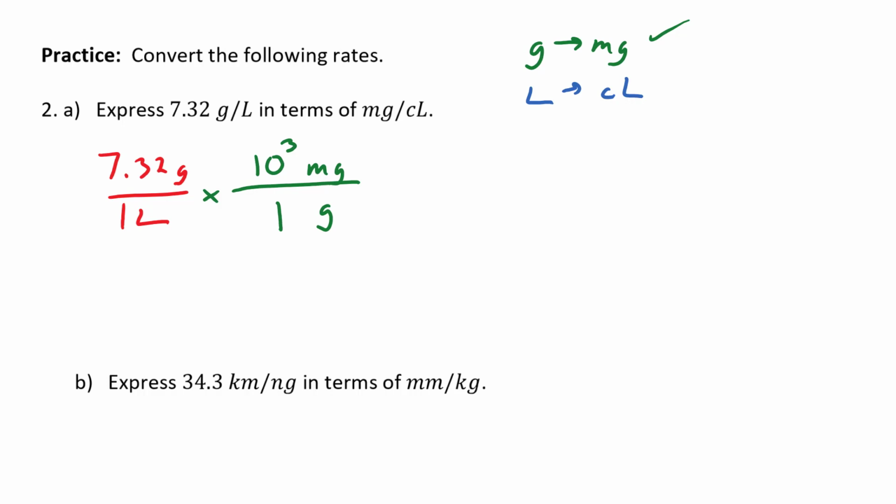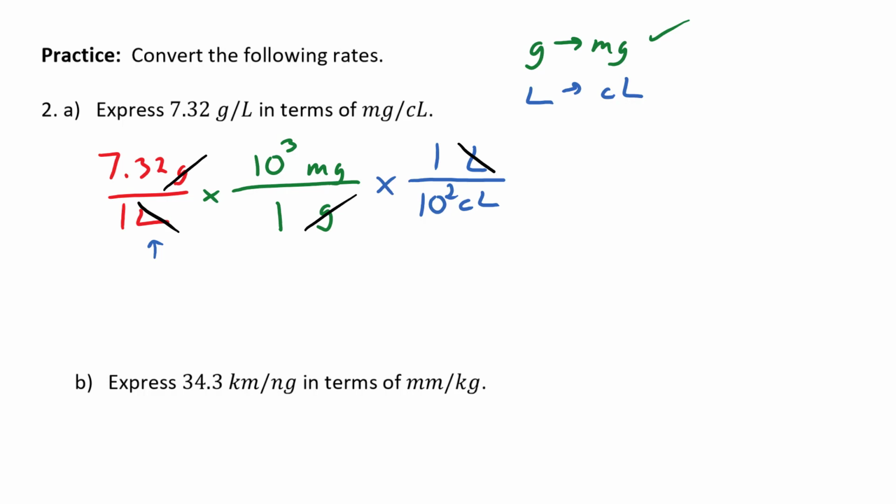Next up, we want to go from liters to centiliters. Conversion factor. Now notice, liters is on the bottom, so I have to put liters on the top so they cancel each other out. Centiliters goes on the bottom. Liters is bigger. There's going to be a whole lot of centiliters in 1 liter. Centi is 10 to the negative 2, so there's going to be 100, 10 to the 2 centiliters in 1 liter. Cancel out your terms. Grams cancel out.